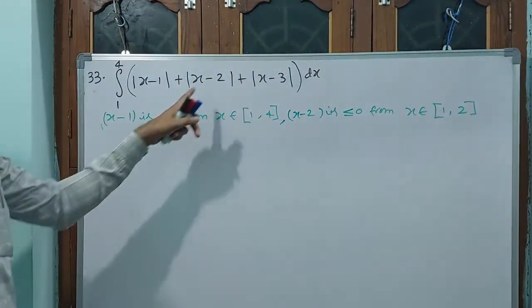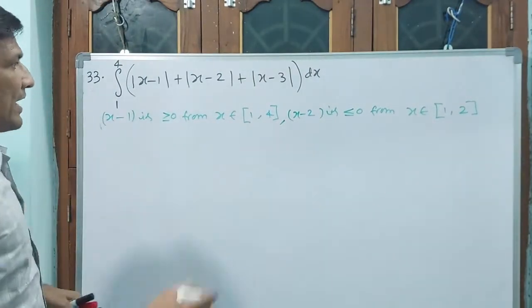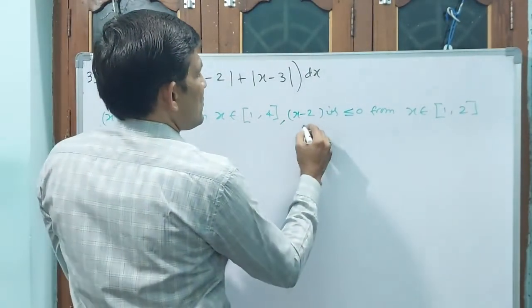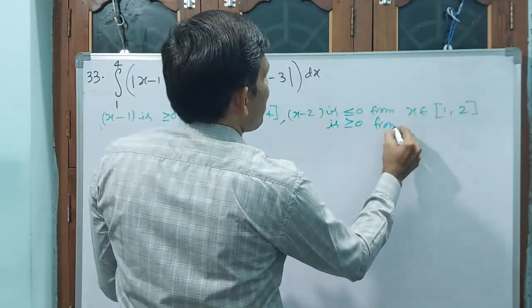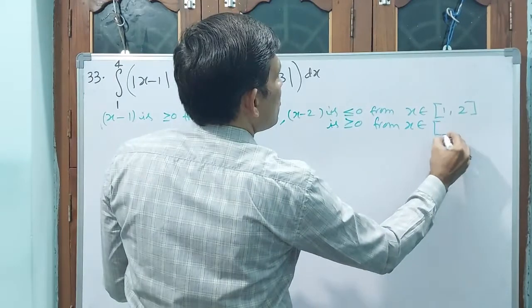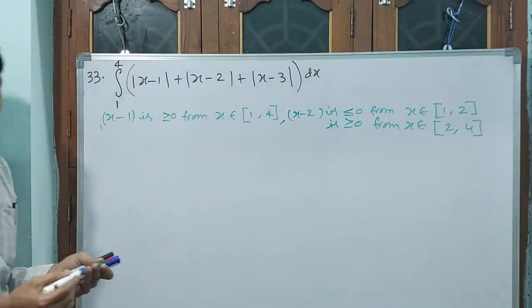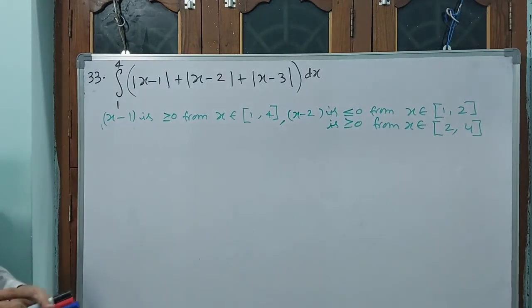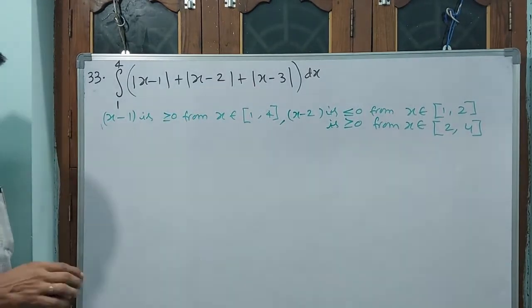Okay, 1 to 2. That means you have to take minus then. Again I am writing. Same function is greater than or equal to 0 from x belongs to 2 to 4. 2 to 4. Okay? That is the case of these two functions.